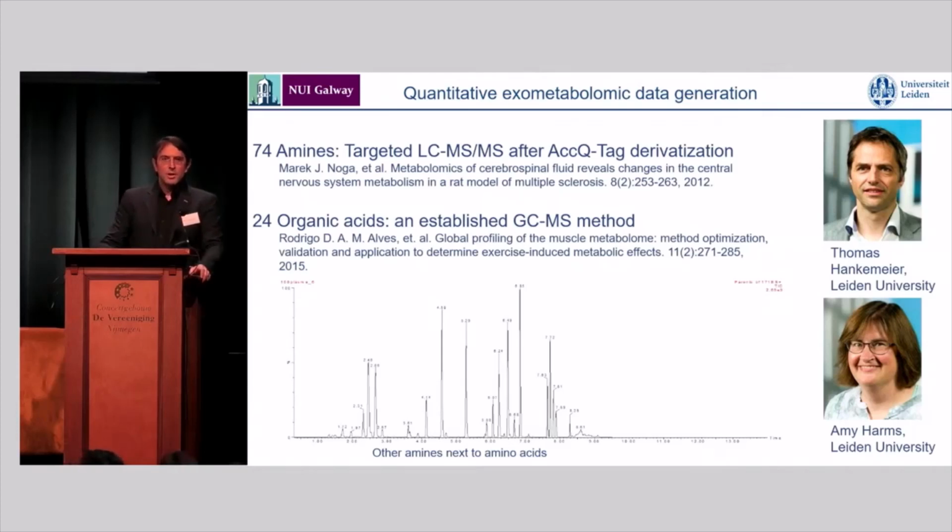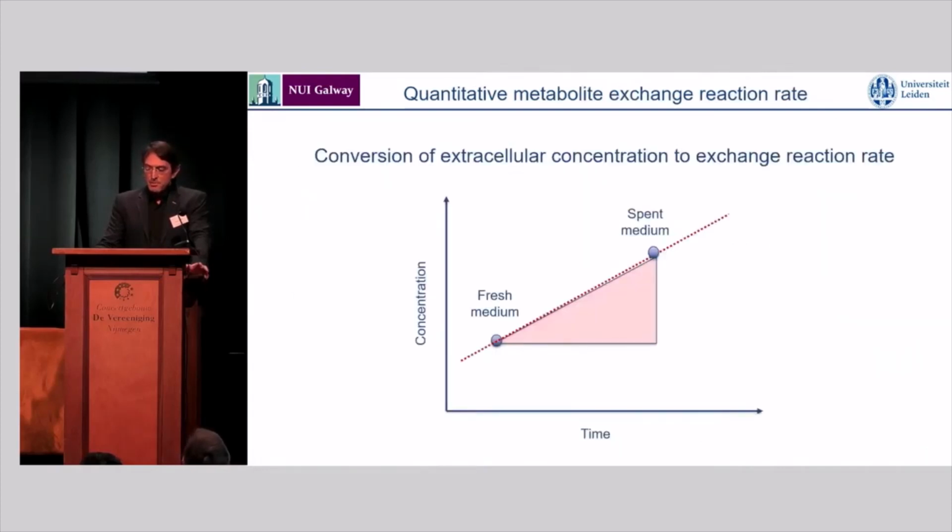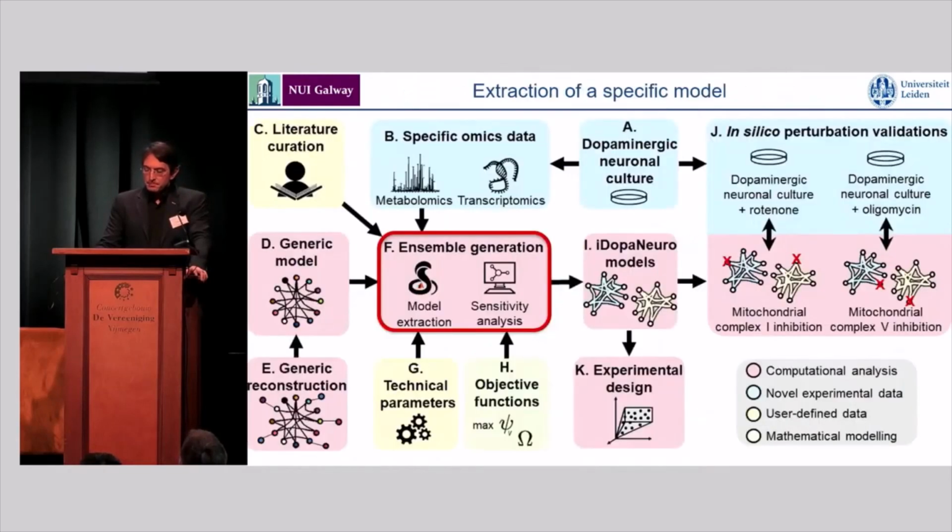And so together with Thomas and Amy and their team in Leiden, we applied some new and established protocols to measure the concentration of fresh and spent medium, and then the difference between those gave us the rate of uptake or secretion of the metabolite. This type of data, together with transcriptomics and a bunch of other literature-created data I can't go into, all integrate together inside this XomicsToModel pipeline.